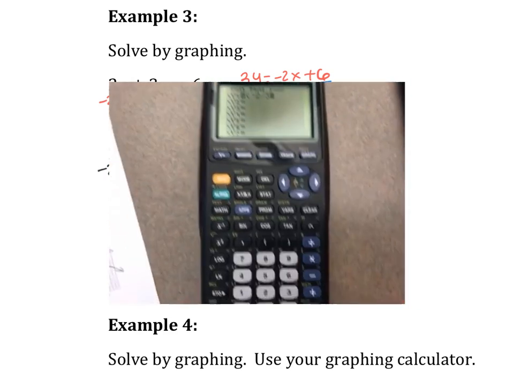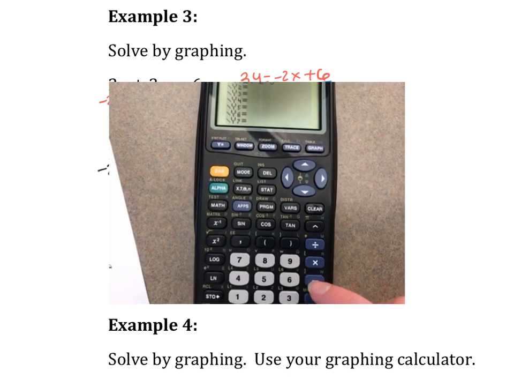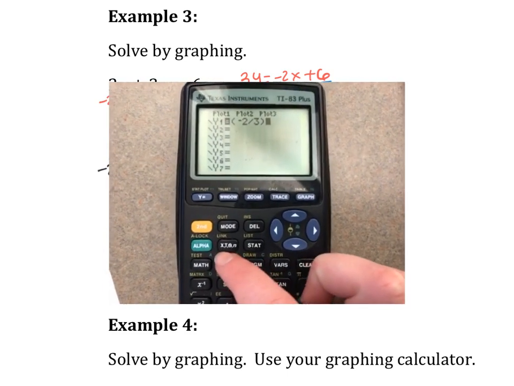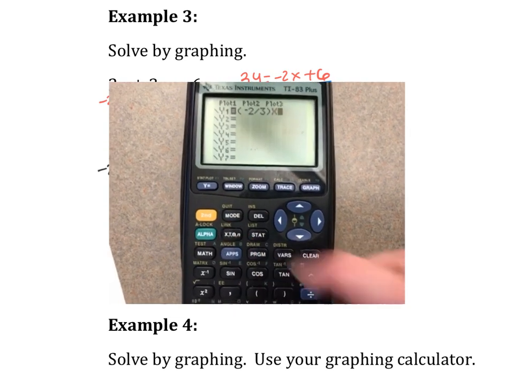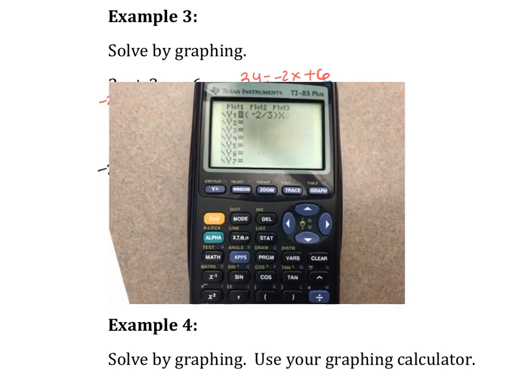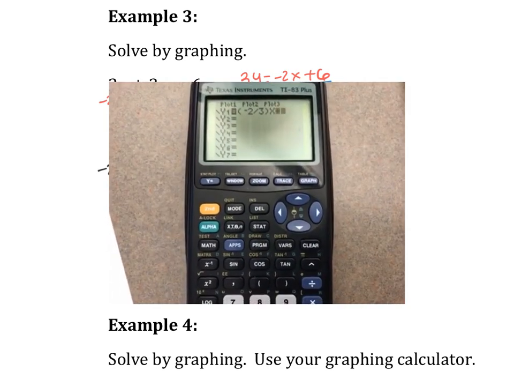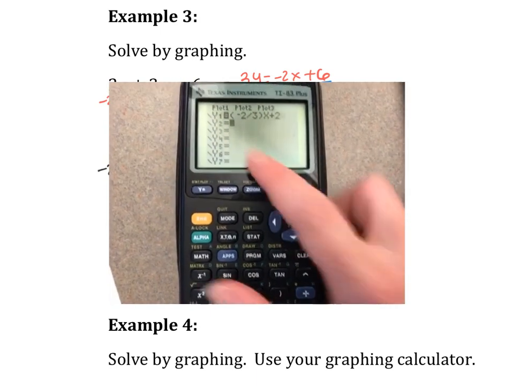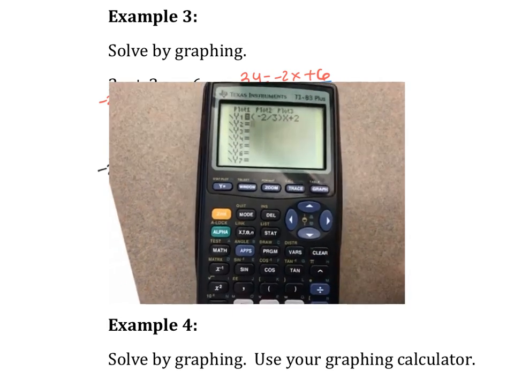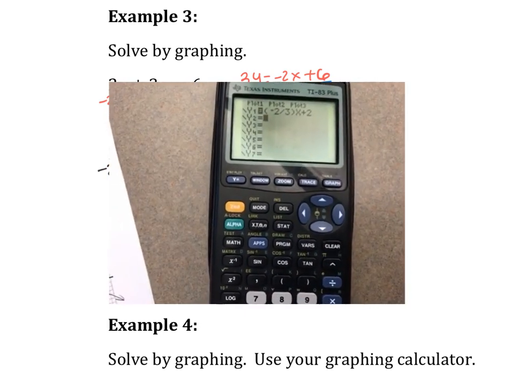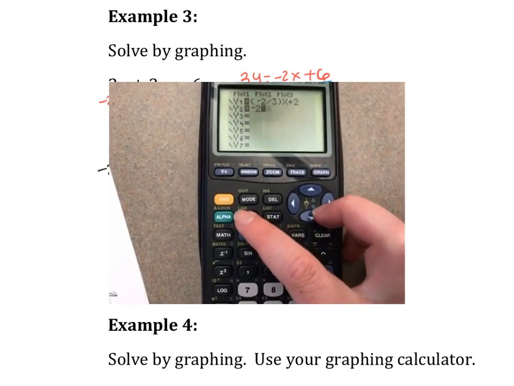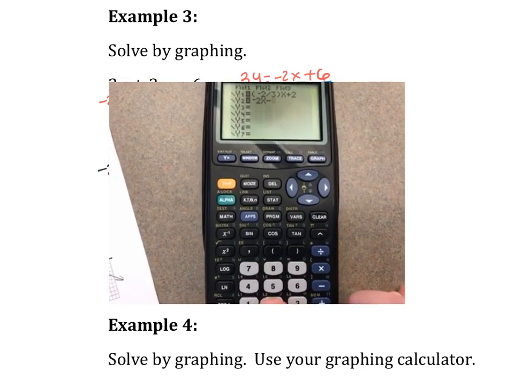Make sure you use the negative sign right here, not the subtraction sign. Close the parenthesis, and then x, you're going to use this X,T,theta,n key, and then plus 2. So that's your first equation. Then you hit the down arrow to go to y2. You're going to type in your second one, which is negative 2x minus 2.